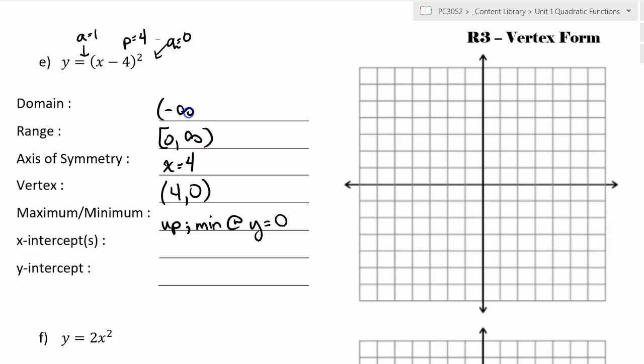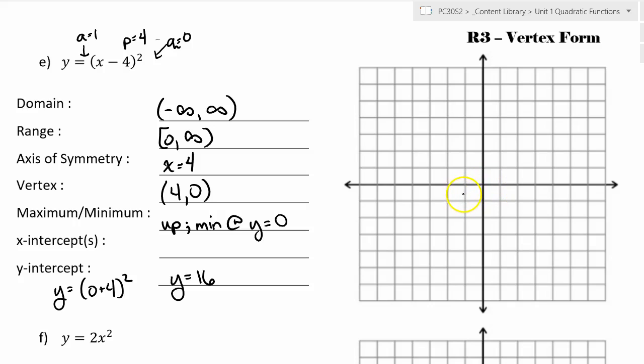And my domain is everything and anything we can put in for x. Again, for my y-intercept, I can actually plug in 0 plus 4 squared, and that ends up giving me y equals +16. So again, the only thing I'm going to have to come back to is that x-intercept. Everything else I can figure out just from my equation. I don't even need to put it on a graph.